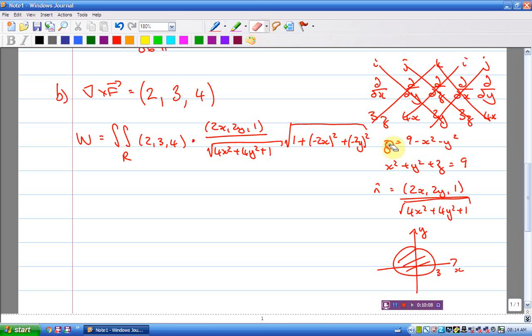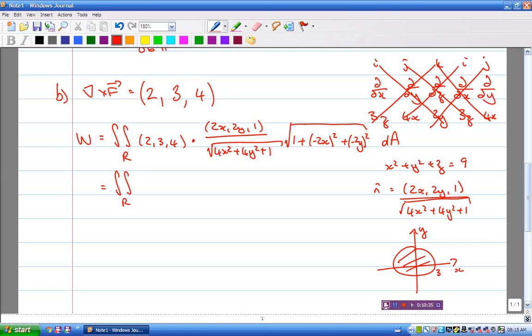Let me rub this out and put my dA over there. Sure, rather big and chunky, but you can see stuff's going to cancel out. Don't rely on that cancelling always happening, but it frequently does. Those two square roots are going to cancel.